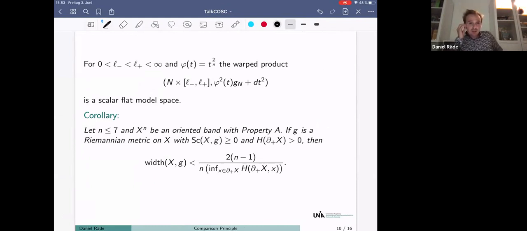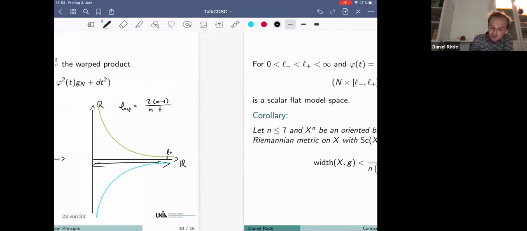And you can push this even farther and actually get results for lower bounds on scalar curvature which are negative. Okay, there's also good model spaces for that. And what you see is that you get a similar theorem where you have scalar curvature bigger or equal than minus n times n minus 1. But then the mean curvature has to be bigger than n minus 1.